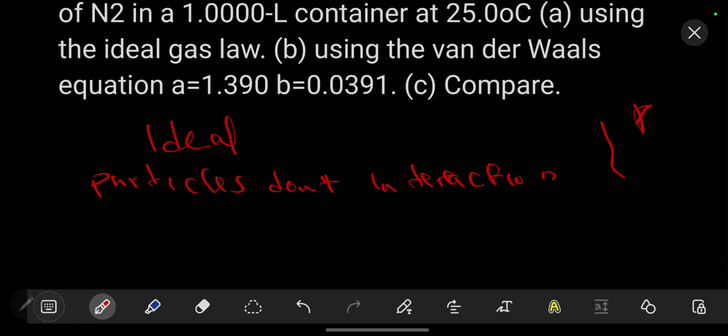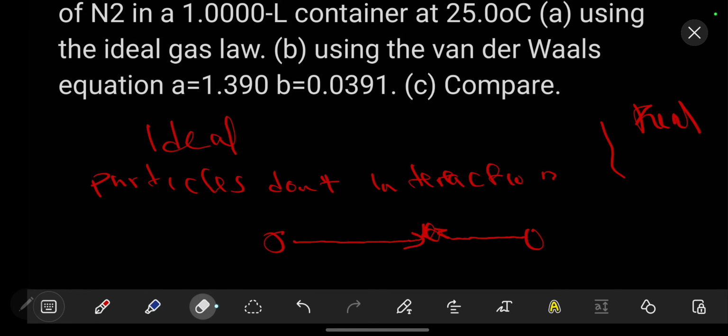But under real gas behavior, sometimes gases move at a slow rate, and at one point they might repel or attract each other.